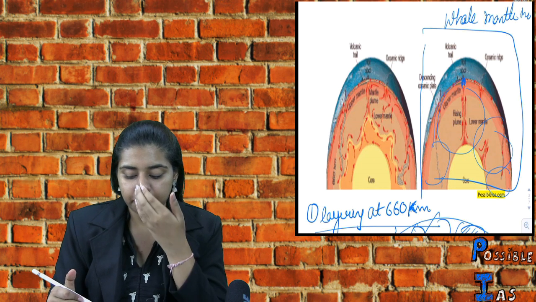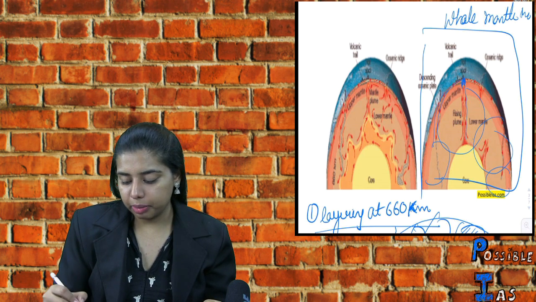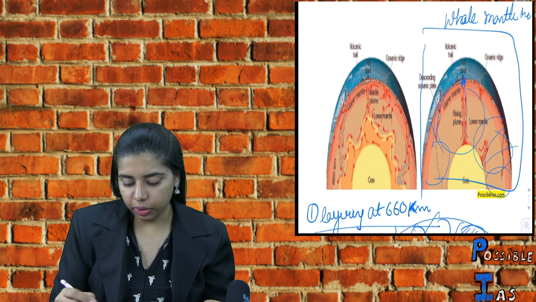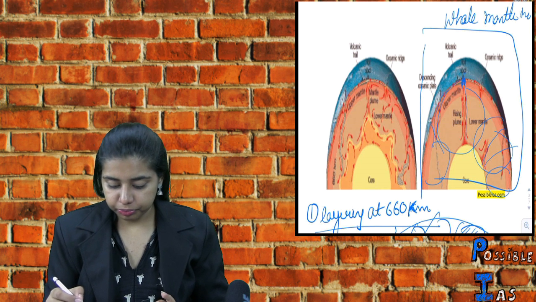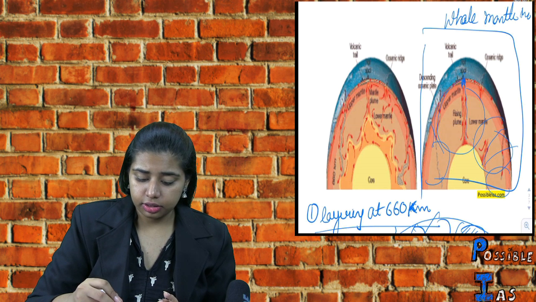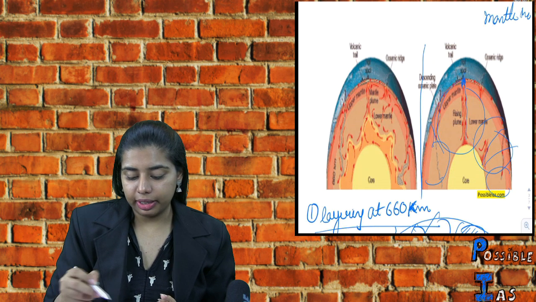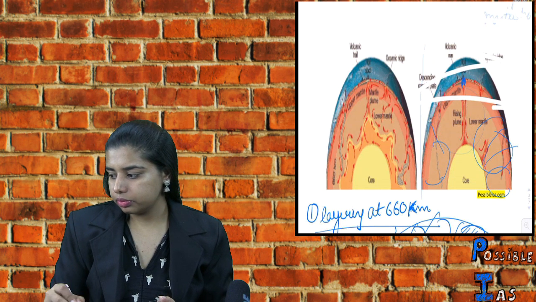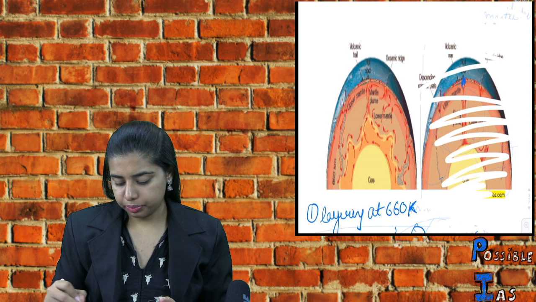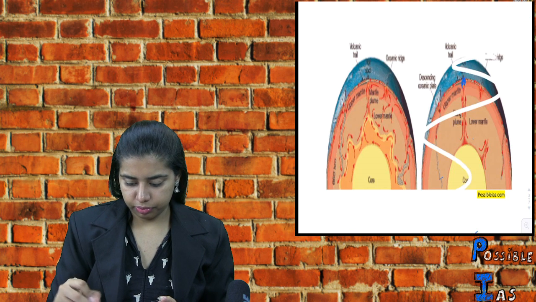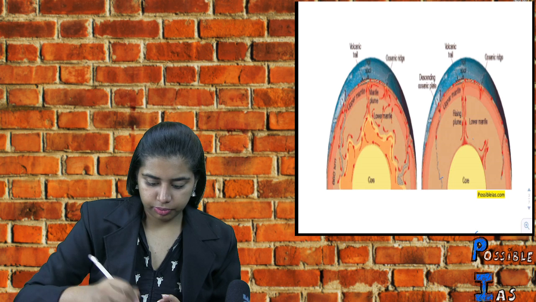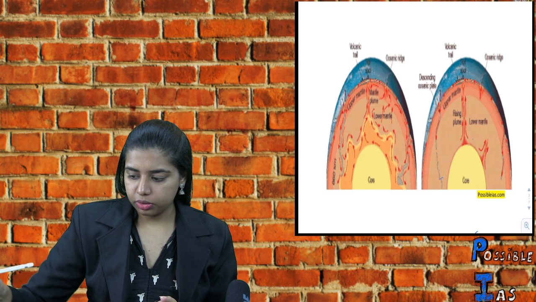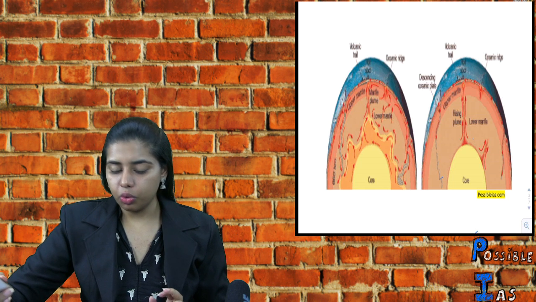There the pressure is decreased and the magma plumes move up. So this is known as the whole mantle theory.